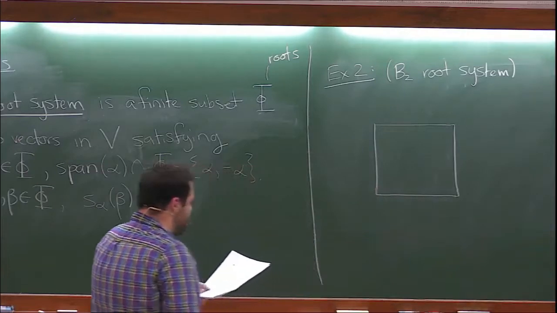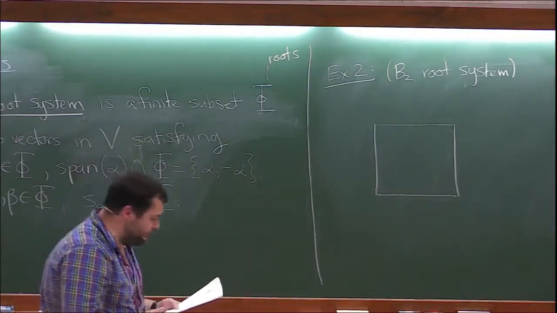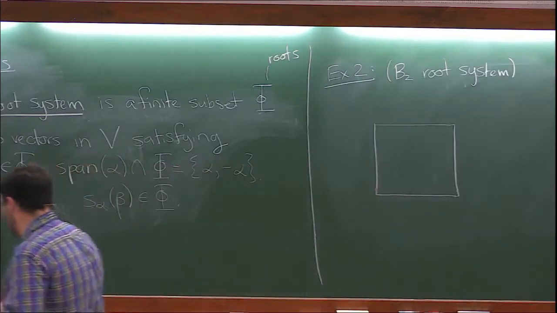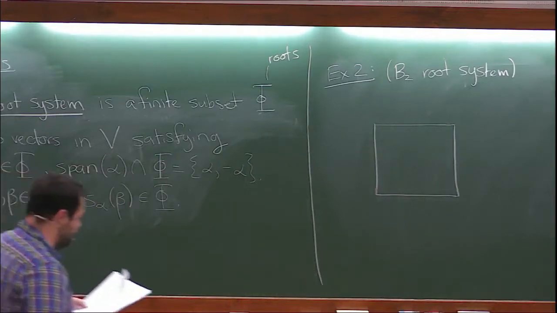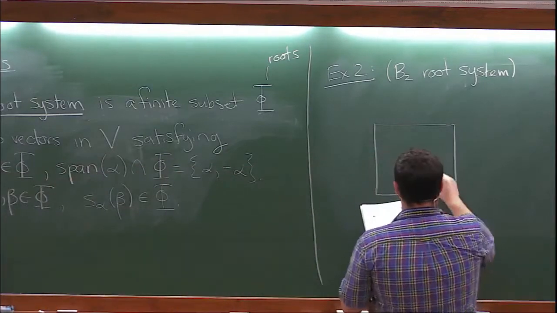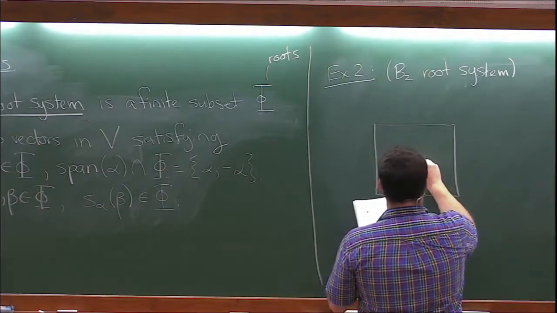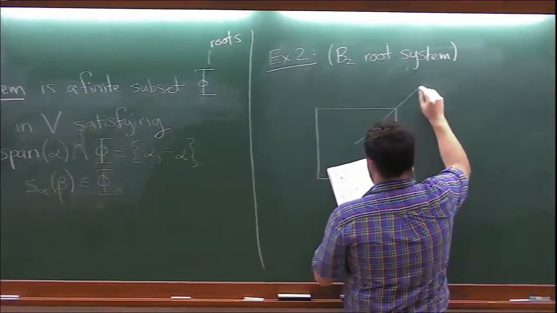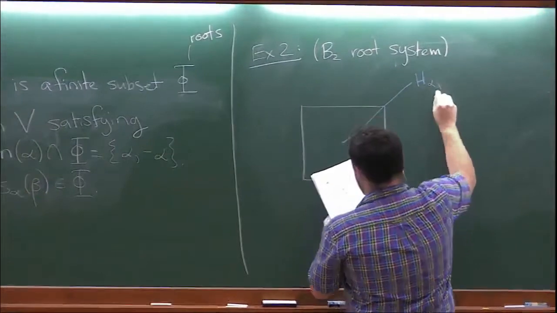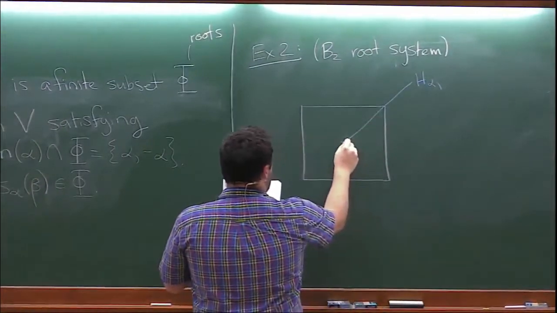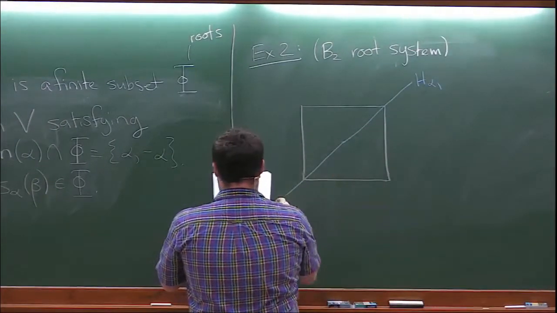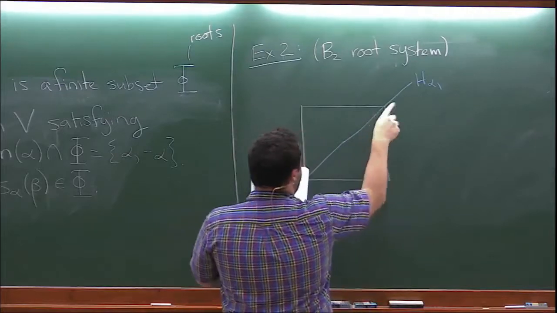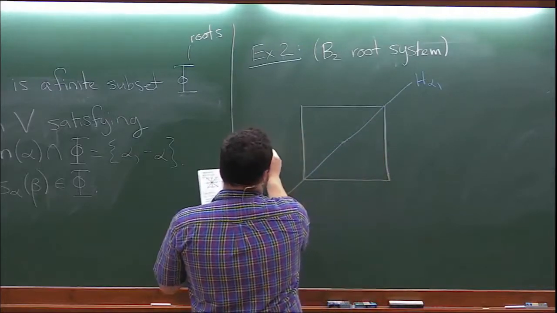All right, so I have a bunch of reflections that I can do. I'll call that H alpha 1. I'll call this one H alpha 2.